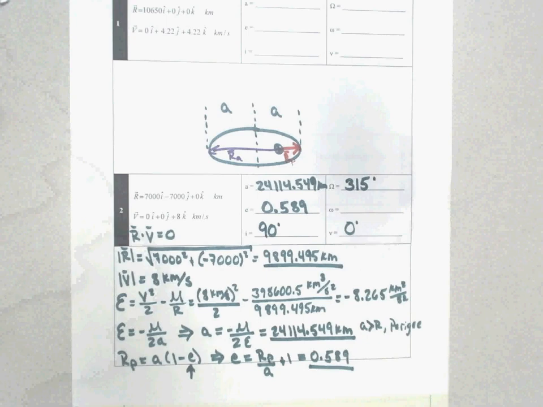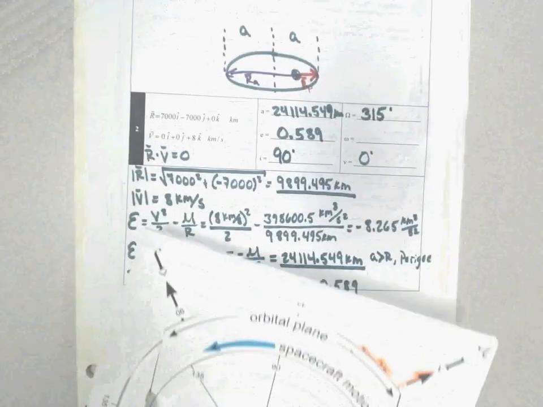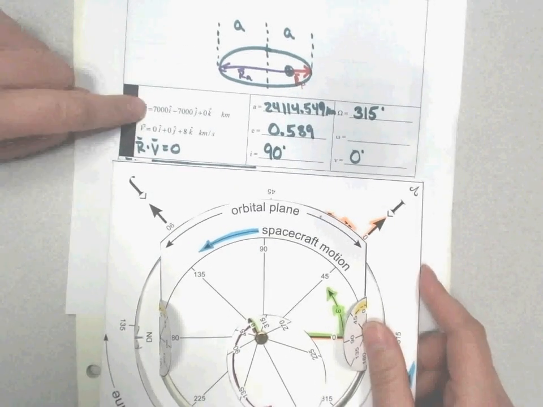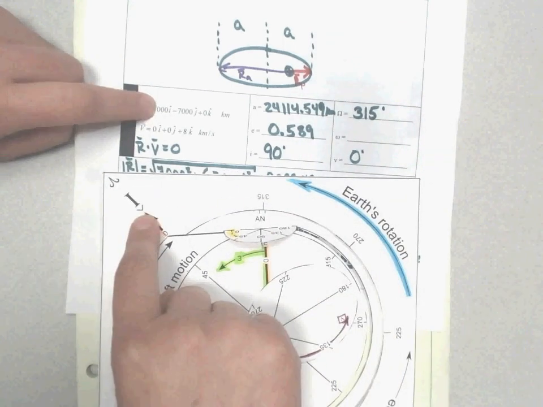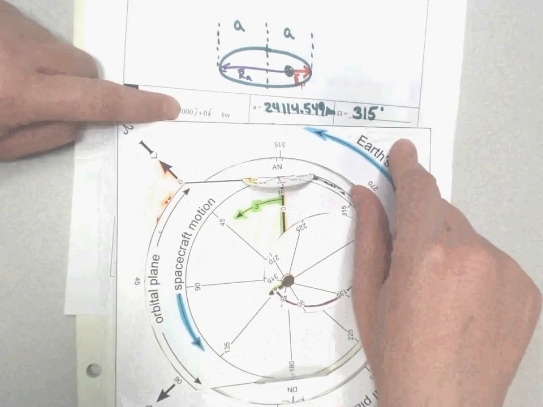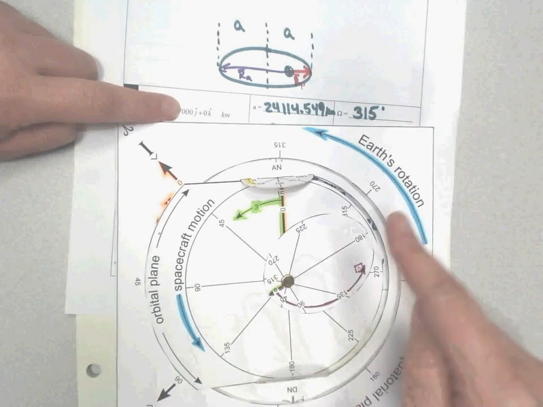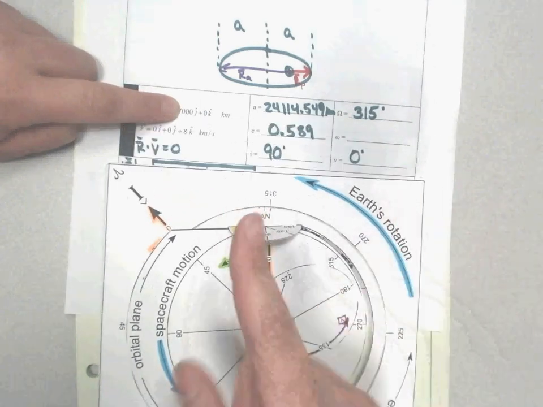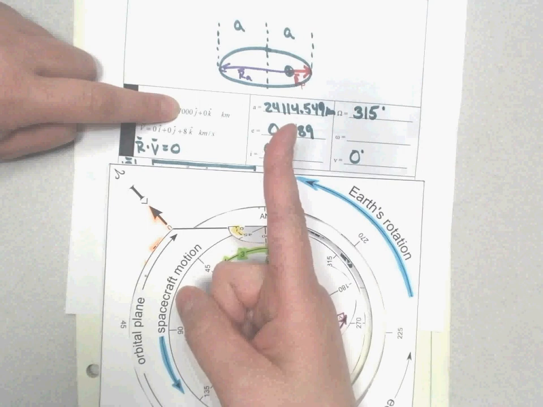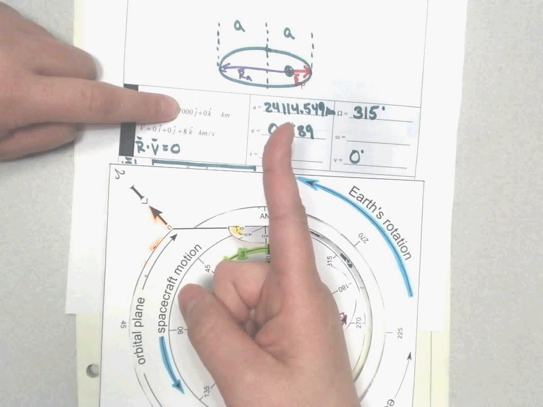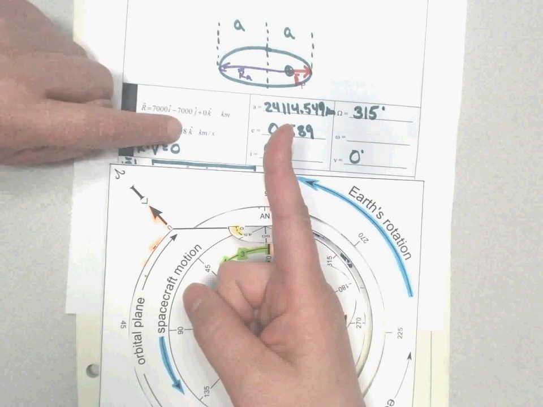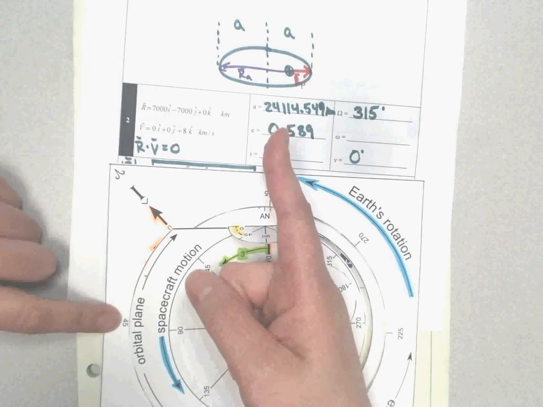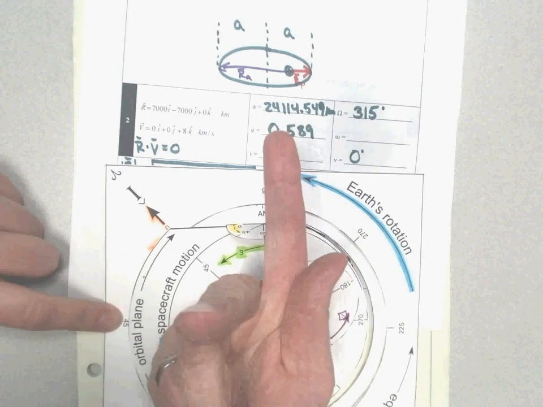So I'll show you that again. My R is between my positive I and my negative J, which is over here. This is positive J, this is negative J. So there's my R vector pointing this way. And then my V vector is in only the positive K direction. So my V is pointing up.